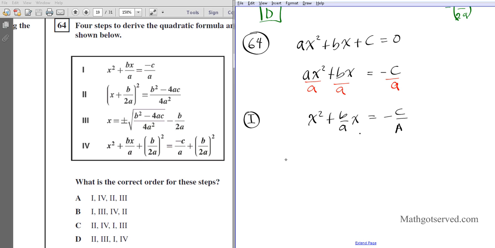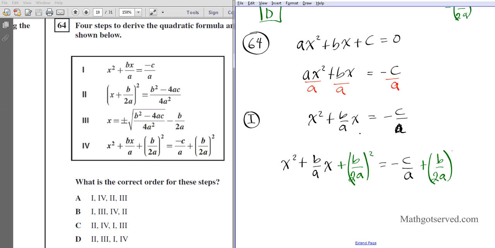So like what we did in the previous problem, we're going to add b over 2a squared to the left side, and then to the right side, same story. What is this? It's supposed to be a. Sorry about that. And then we also add b over 2a squared here too. All right, so which one matches with this step?